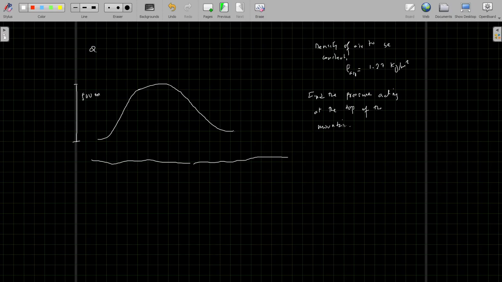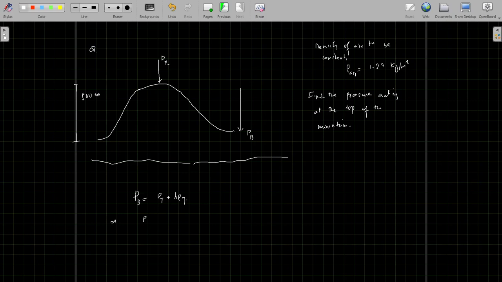So how will you do this? This is the pressure at the bottom, this is the pressure at the top, and this is H. Pressure at the bottom is equal to pressure at the top plus H rho g. But here pressure at the bottom is the atmospheric pressure and the top one is what you need to find.